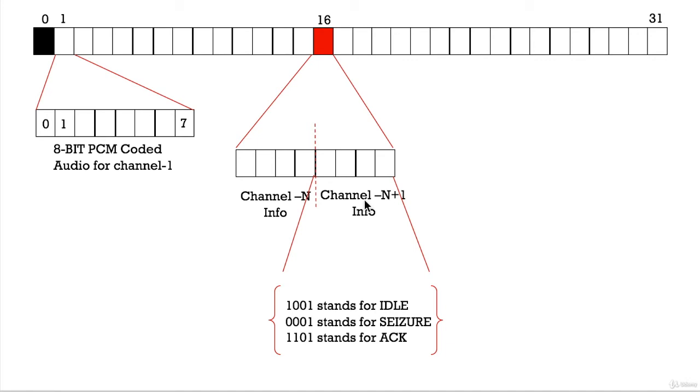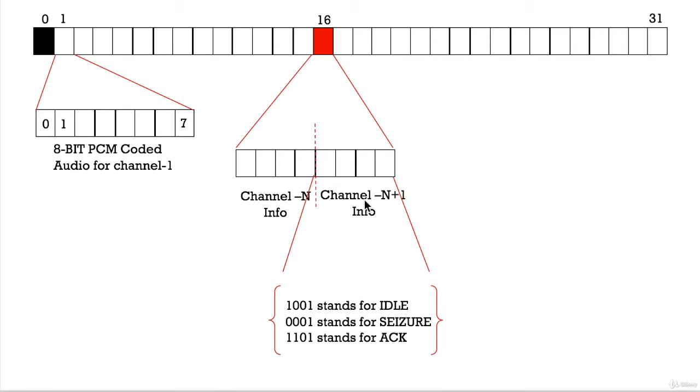Now let us come back to the frame structure. In each frame there are 32 bytes. Each byte belongs to one channel of that link. So let's say the 0th and the 16th byte are used for special purposes. All the rest of the bytes are used for conveying the user data, conveying the audio for that particular channel.